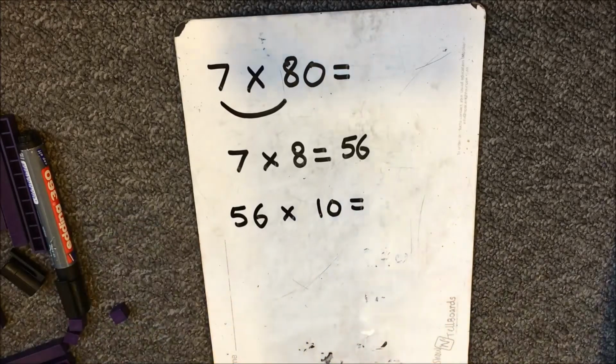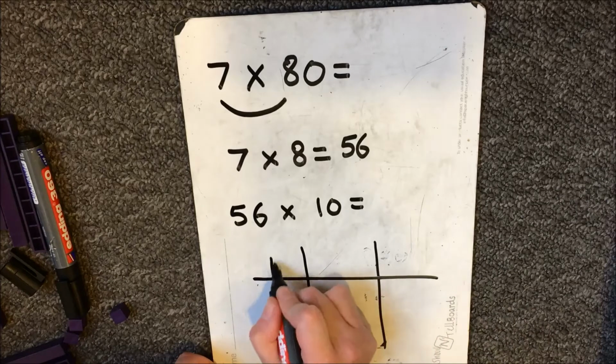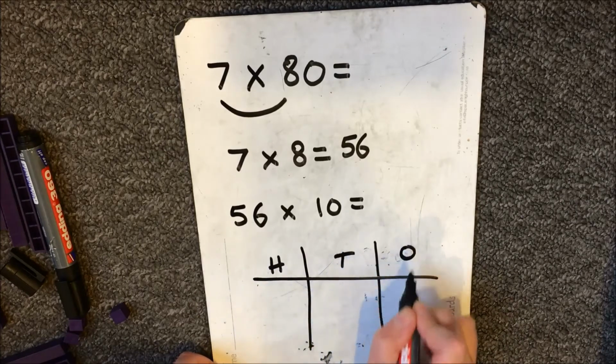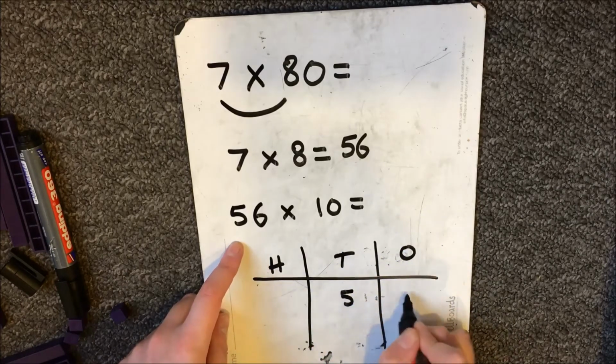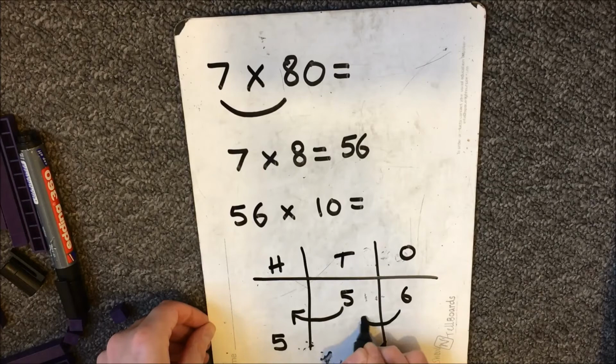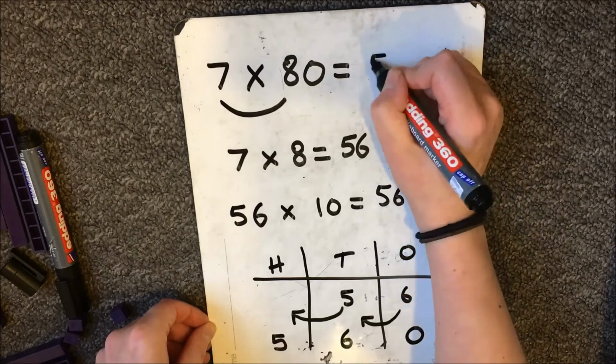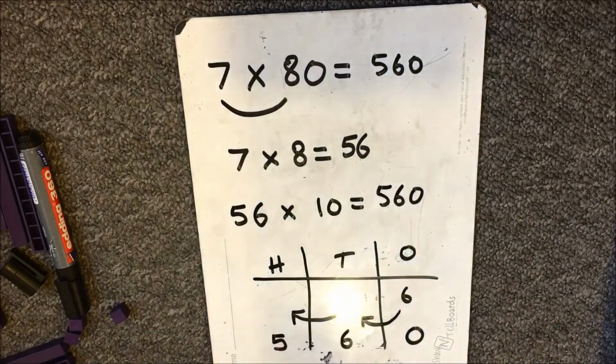Do we know what that is? Remember, if you're unsure, draw out your place value chart, hundreds, tens, ones, and write 56 in it. What happens? 5 tens turn into 5 hundreds, 6 ones turn into 6 tens, and 0 as our placeholder. Answer is 560. How are you finding this?